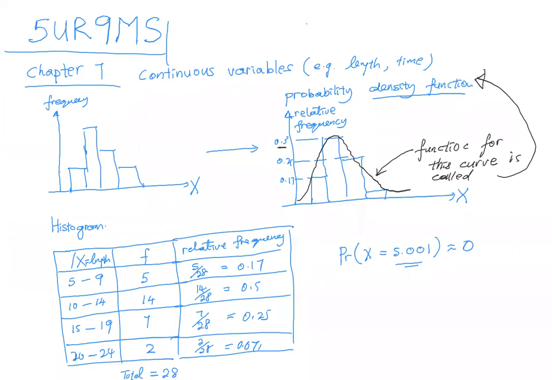You go and find a formula to fit this curve. The formula is going to be very complicated. Later, I will send it to show you how complicated the formula is if you have this kind of curve. So I'm not going to show you the real probability density function curve.